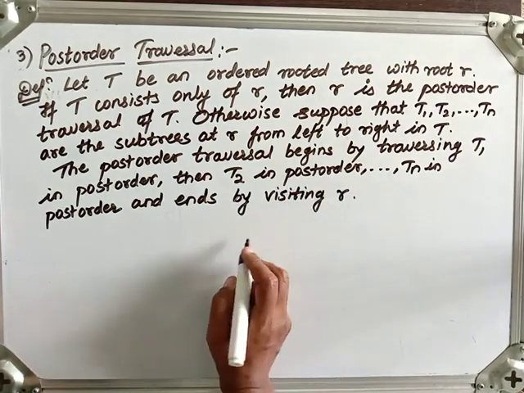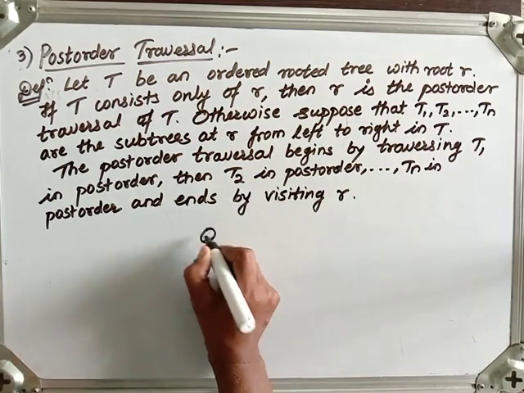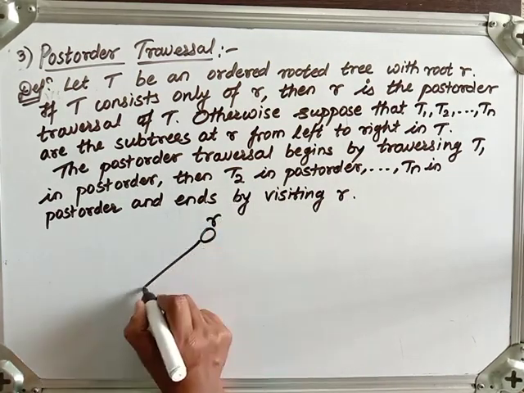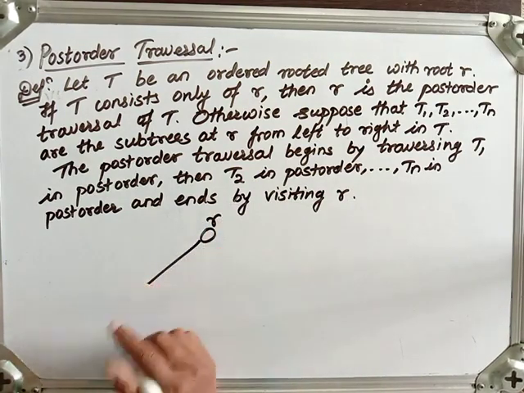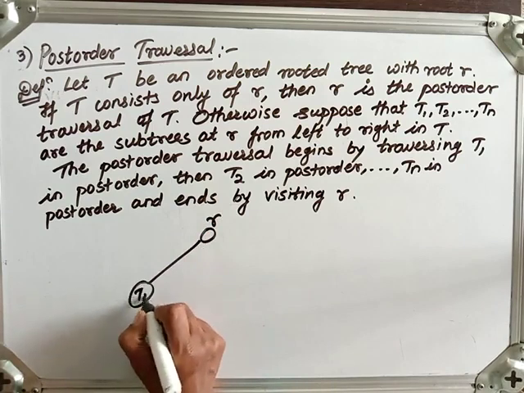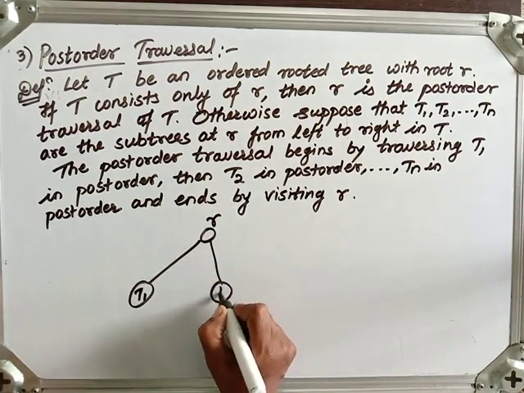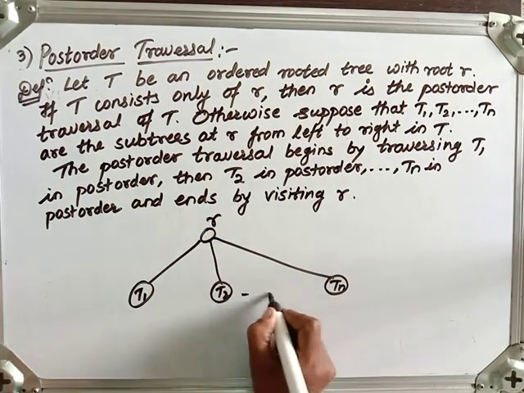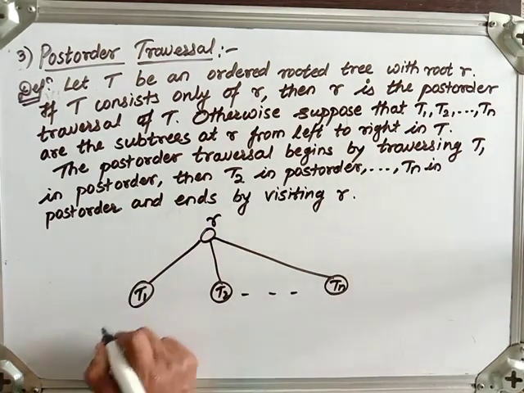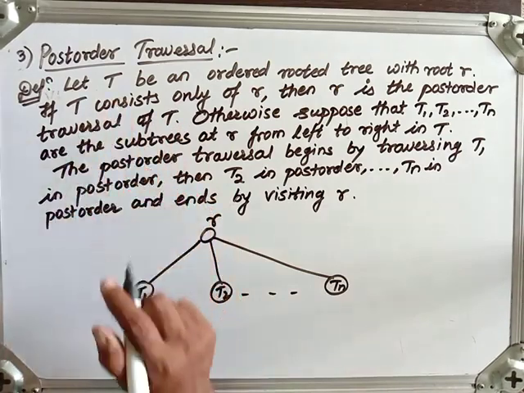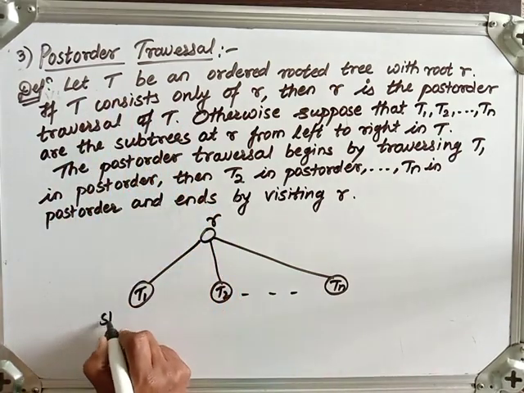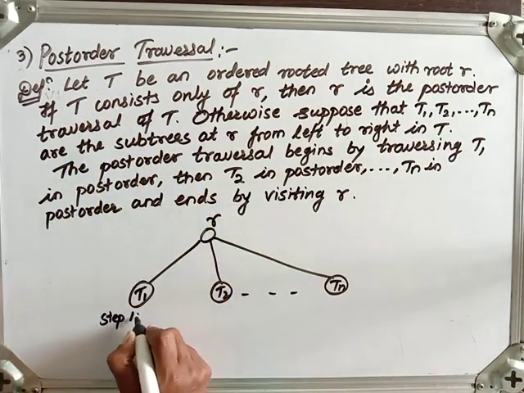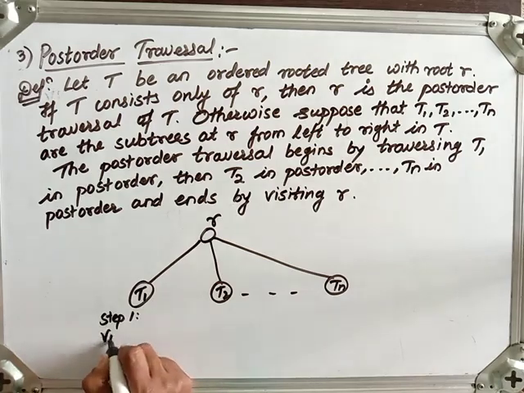Now let me show by diagram again. It will be R suppose, and it has subtrees, suppose T1, T2 and so on up to Tn. So here first of all, in post order traversal, our step 1 is to visit this T1 in post order.